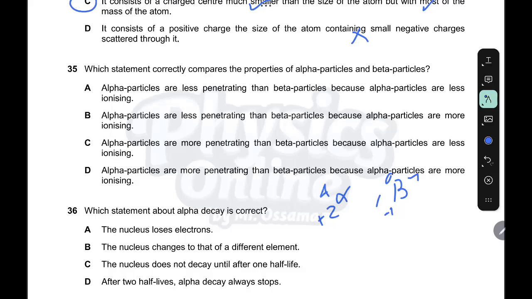Alpha particles are of course less penetrating than beta particles. Because alpha particles are more ionizing, since they have more charge, so they are more ionizing than beta particles.